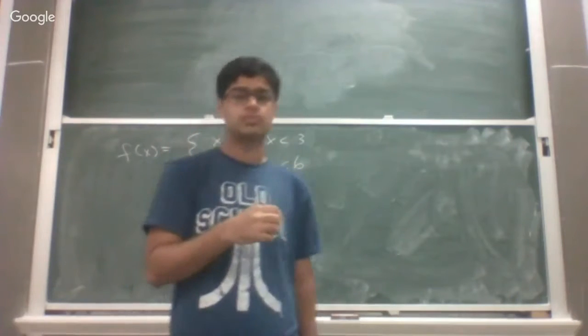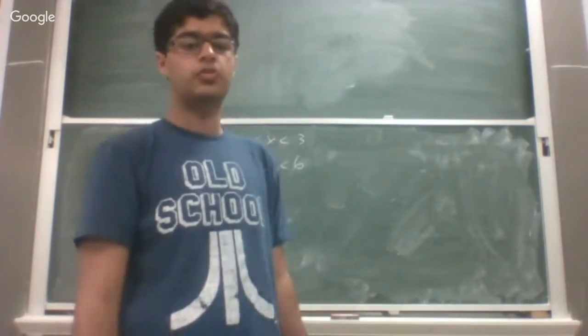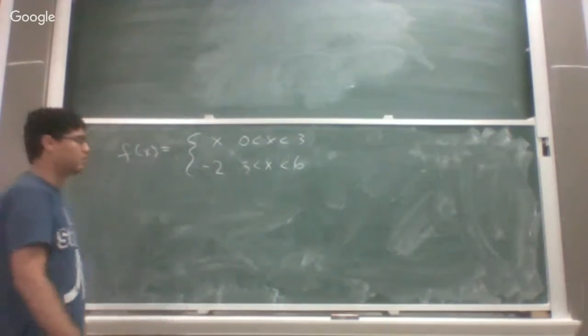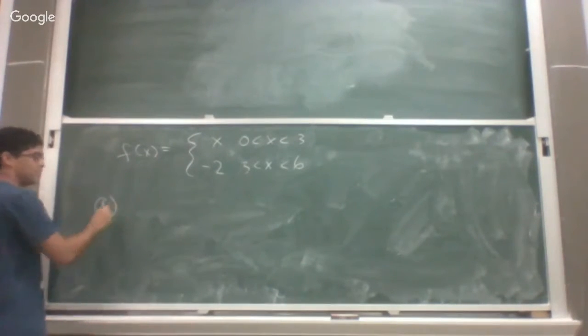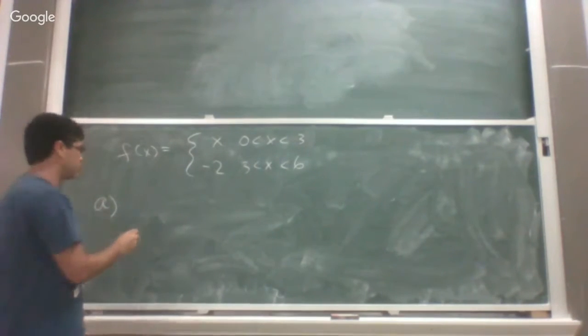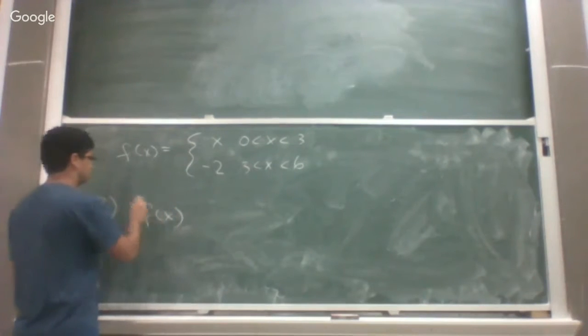For the first one, I'm not exactly sure what they gave you as a given, but I have here for part A that f of x is periodic.